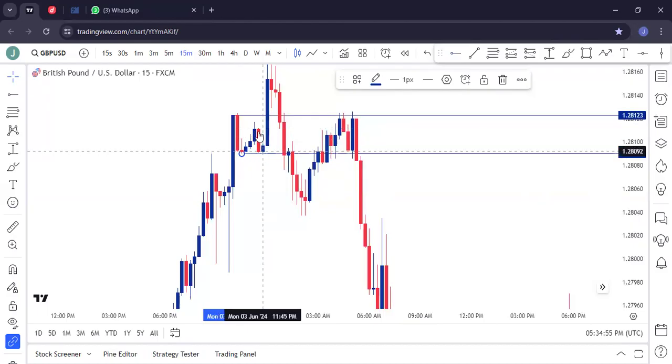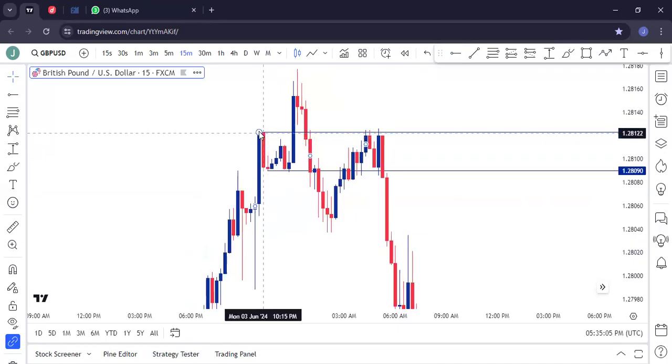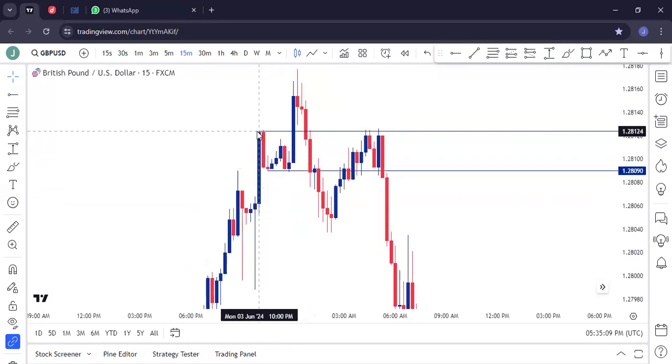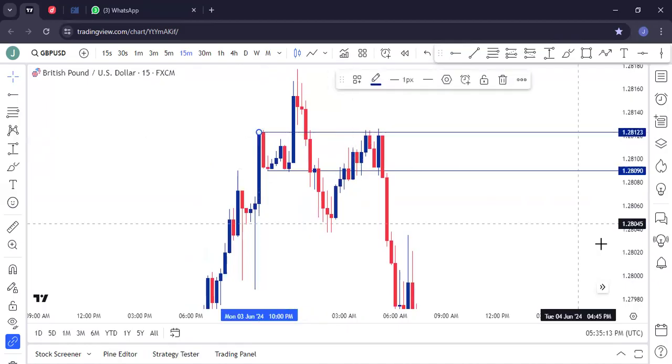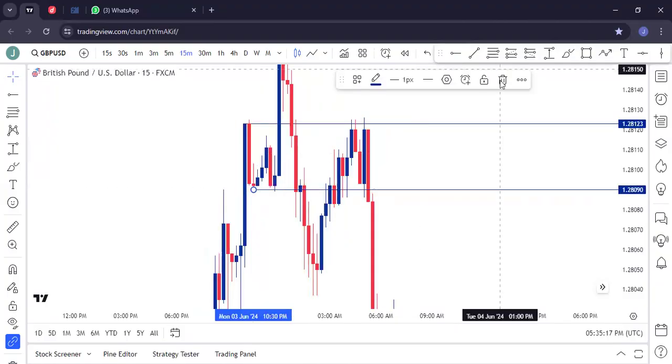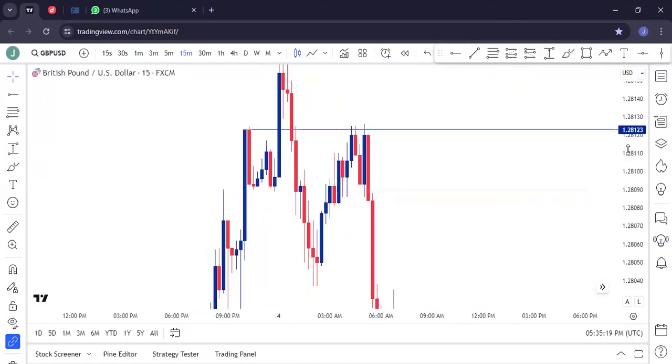If this low here came to close below this point, we could put our entry point here, but it did not close here, so we stick to this high here. As you can see, the market came and tapped and went short.